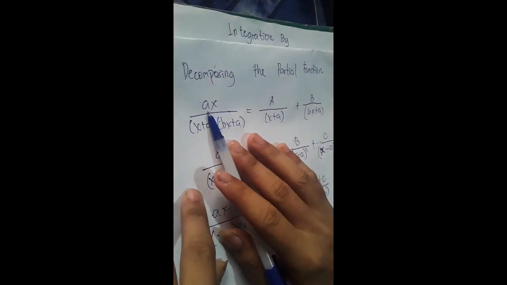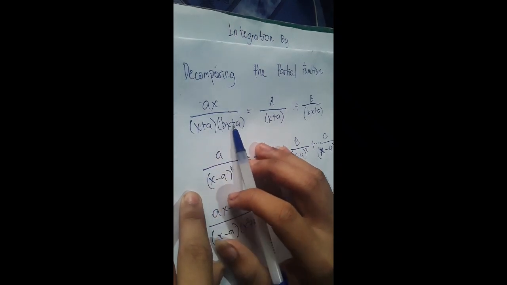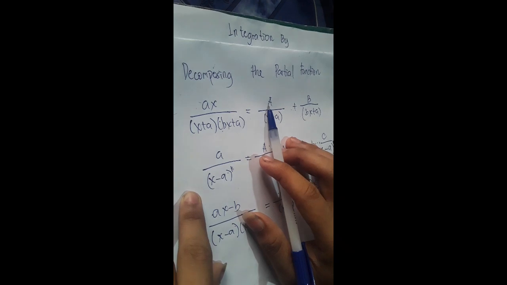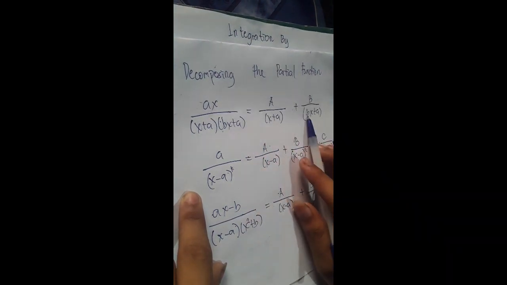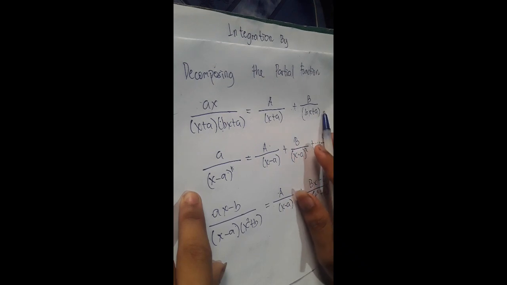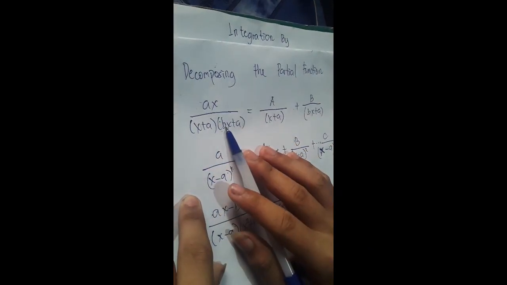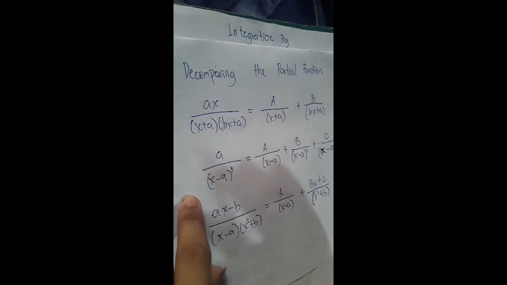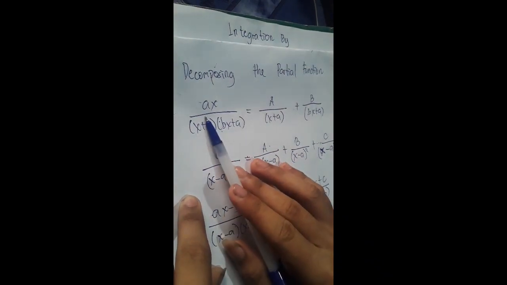If we have ax over x plus a times bx plus a, it is equal to a over x plus a plus b over bx plus a. The variables a and b here represent any constant number. So this is a linear function.